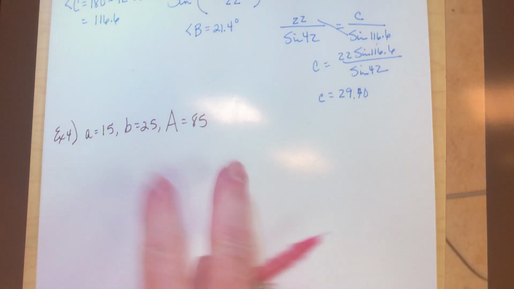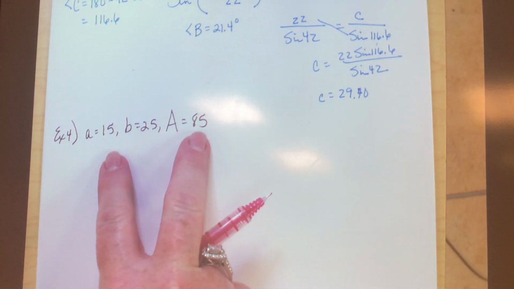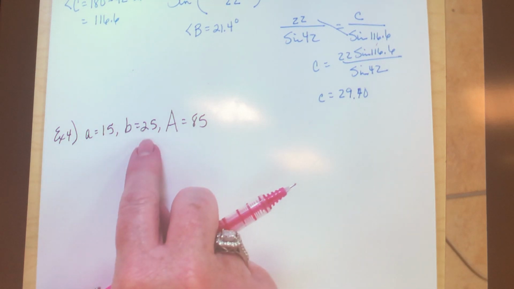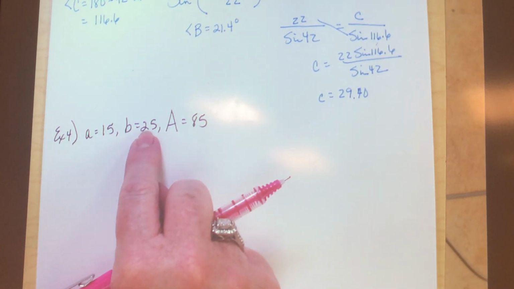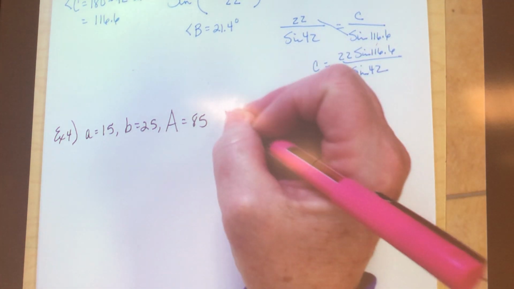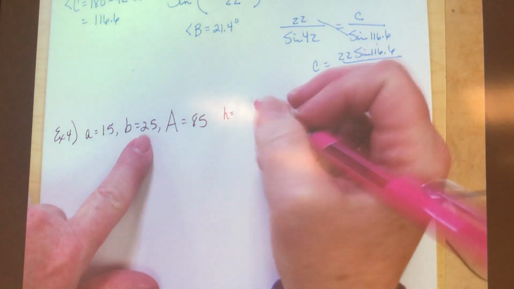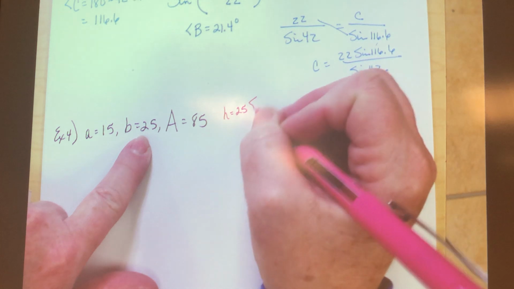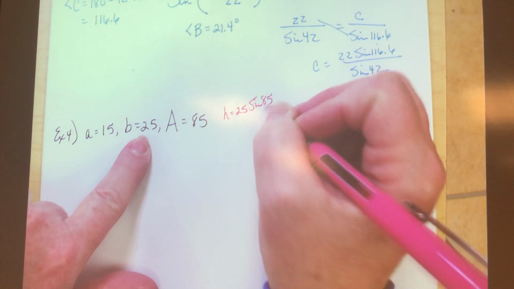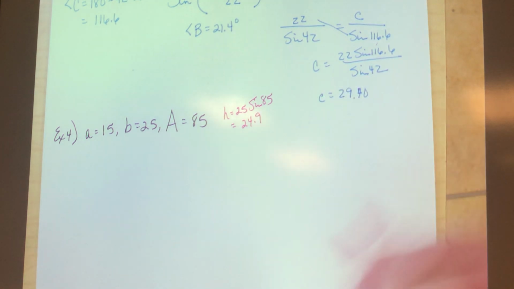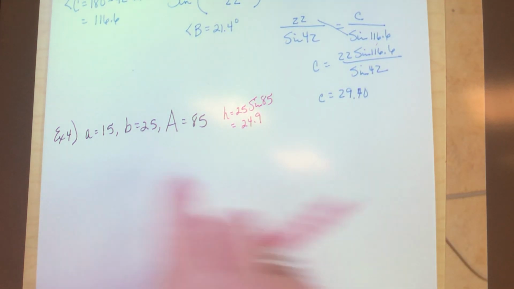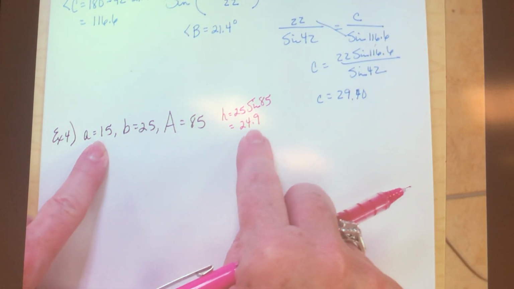He said, hey man, this thing's ambiguous, so I need to find out how many triangles it makes. This side that's part of the pair is not bigger than this other side, so I have to find the height. The height is equal to the odd guy out times the sine of the only angle. So my height is equal to what, 24.9? Yep.